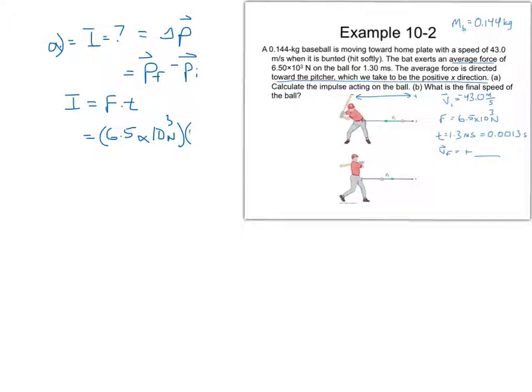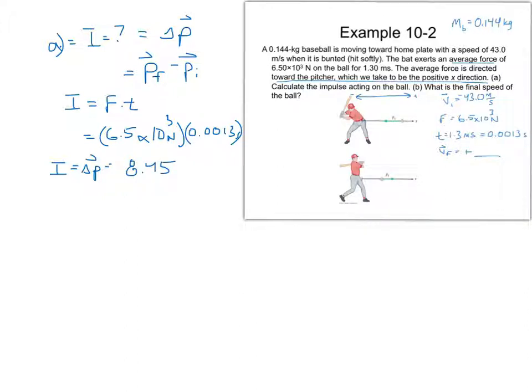That's 0.0013 seconds, and that's going to be our impulse, which really is our change in momentum, which may just come in handy a little bit later as well. But what is that? So 6.5 times 10 to the third times 0.0013, I get 8.45.